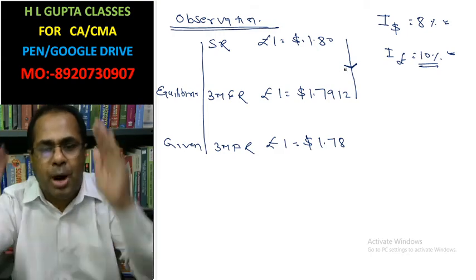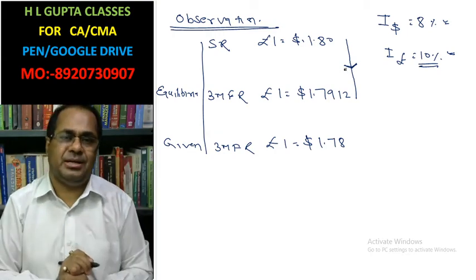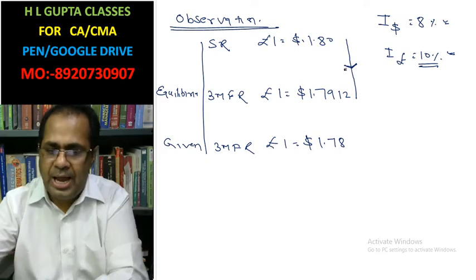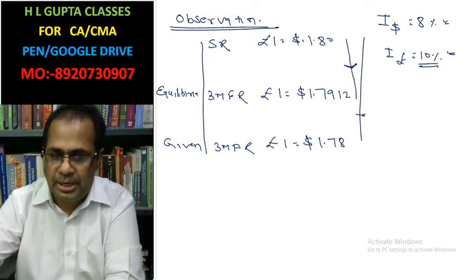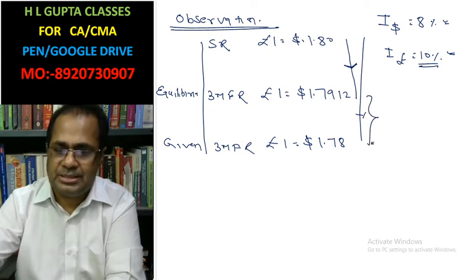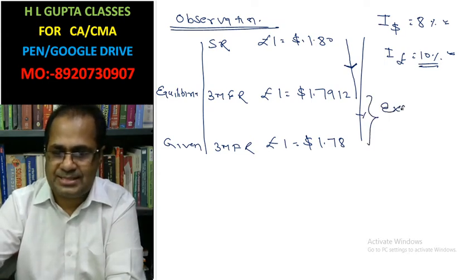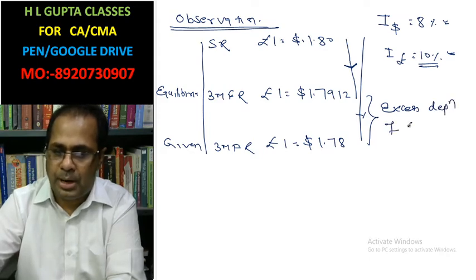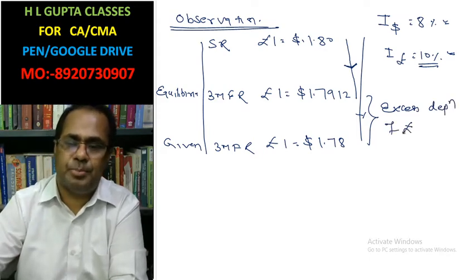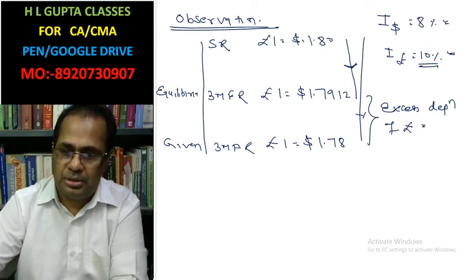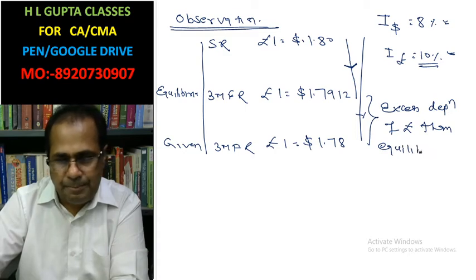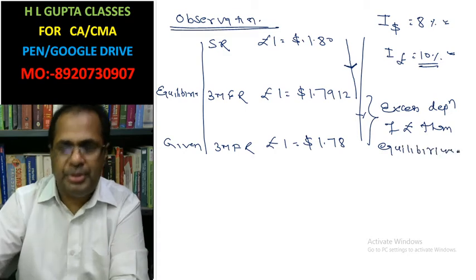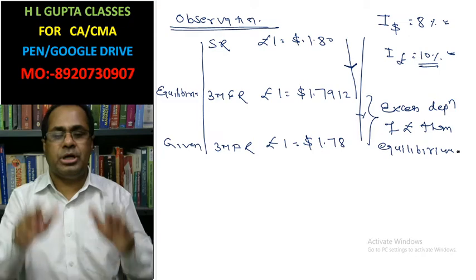But in the given question, the pound has depreciated up to here. This depreciation is excess depreciation of the pound beyond equilibrium.